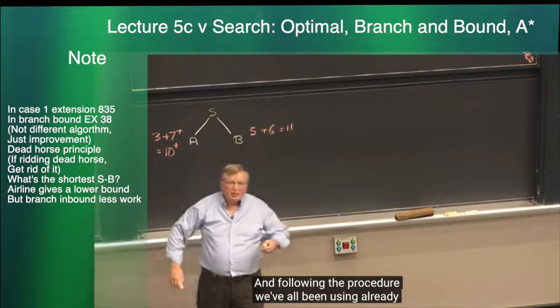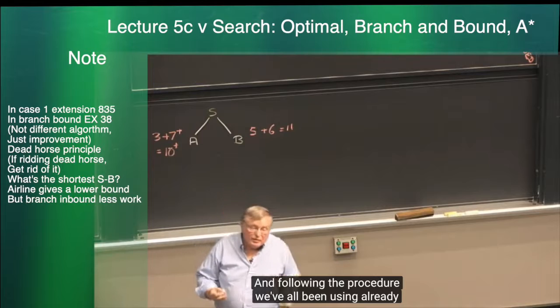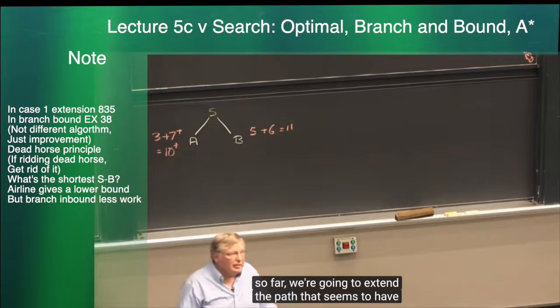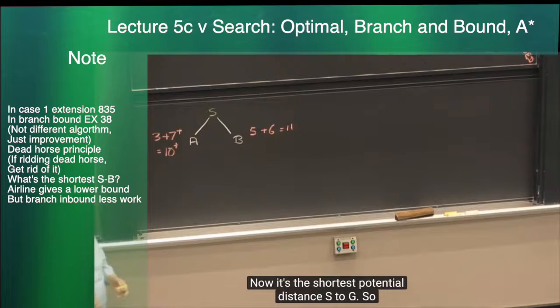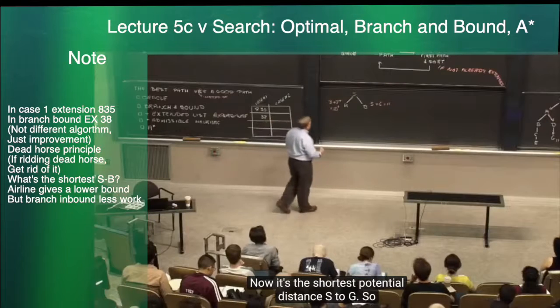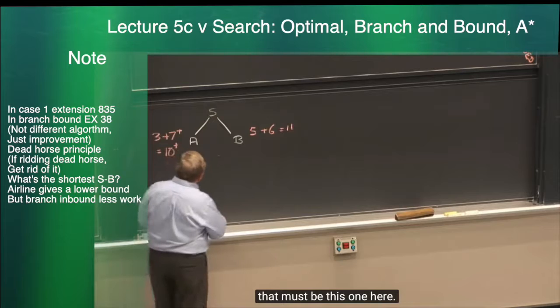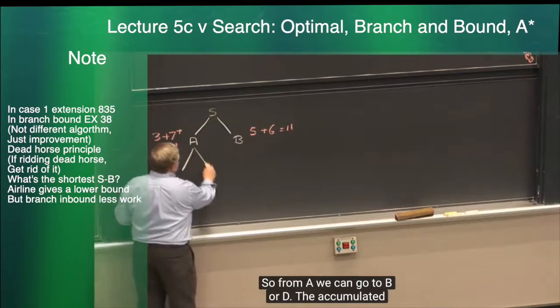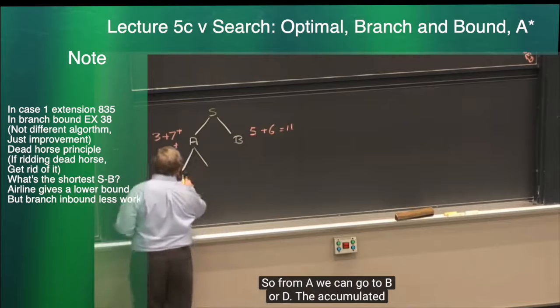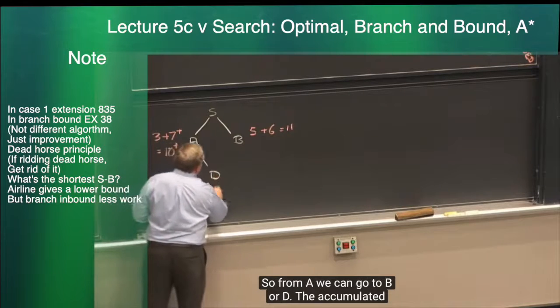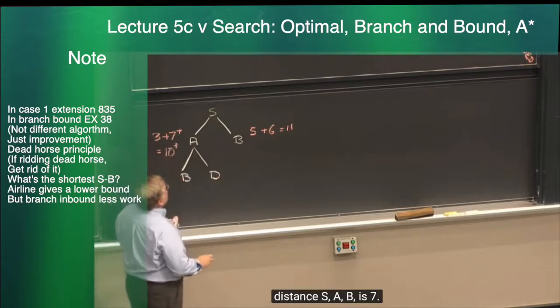And following the procedure we've been using so far, we're going to extend the path that seems to have the shortest potential distance from S to G. So that must be this one here. From A, we can go to B or D. The accumulated distance SAB is 7.